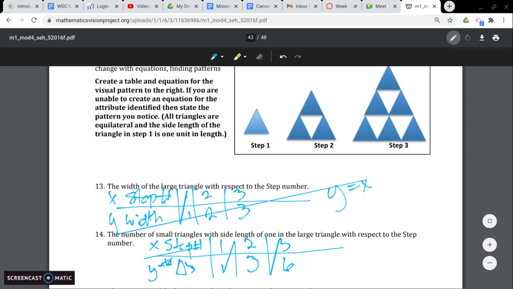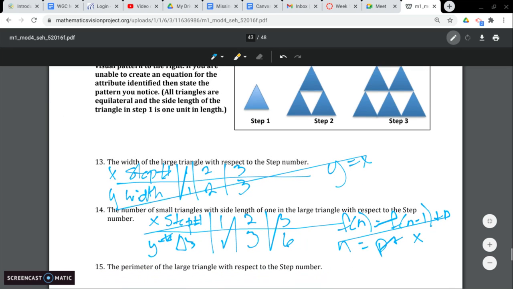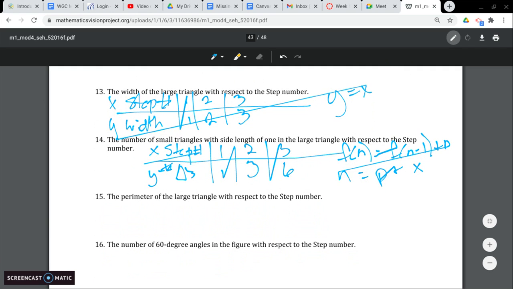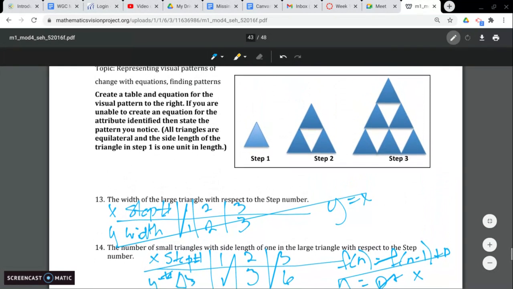So our equation, this one we'll do in function notation, is f of n equals f of n minus 1 plus n. So now equals previous plus, we'll say x since x is our step number. So we just add the step number to the previous amount. So that's what we're looking at here.